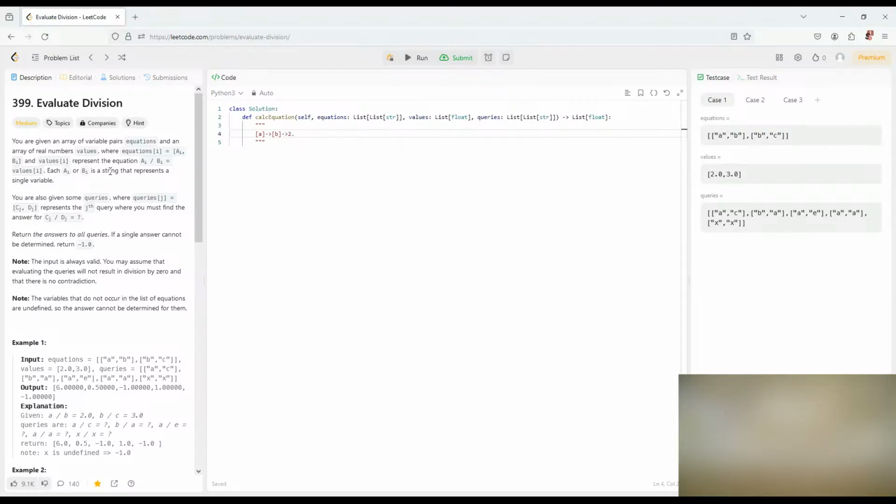I don't understand why two variables. Oh, okay, so this is 2.0, then B.